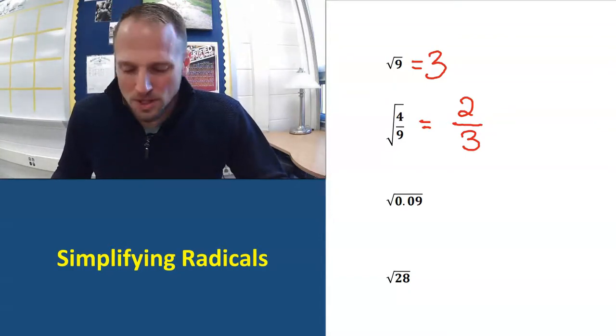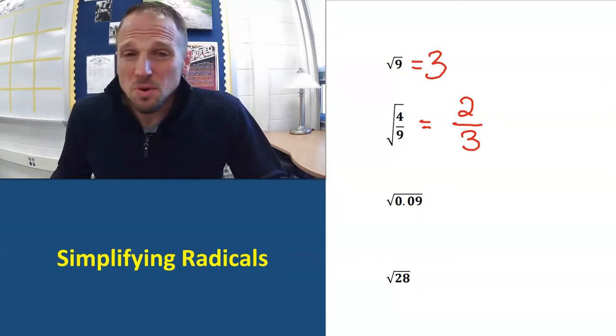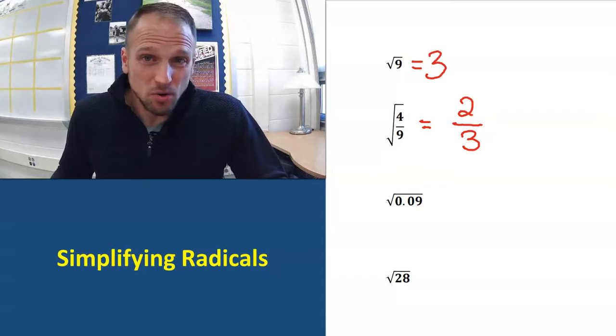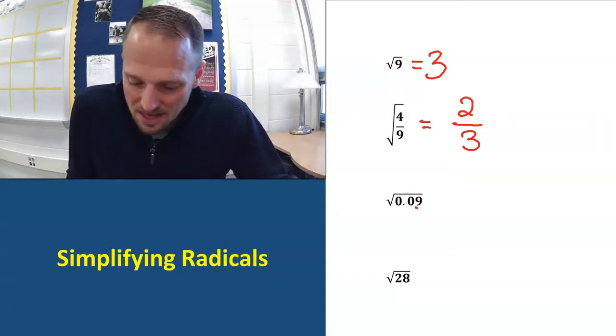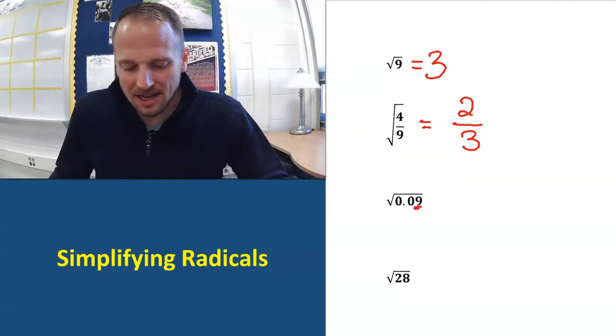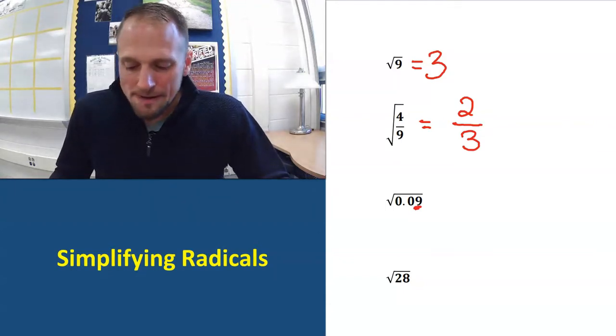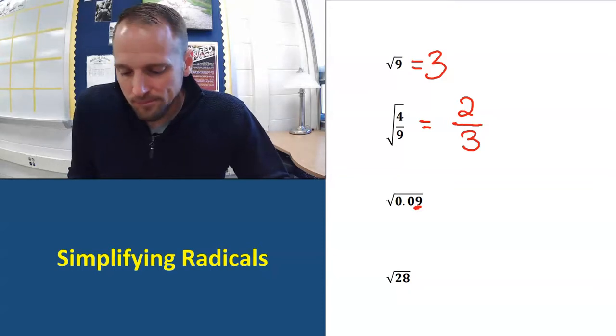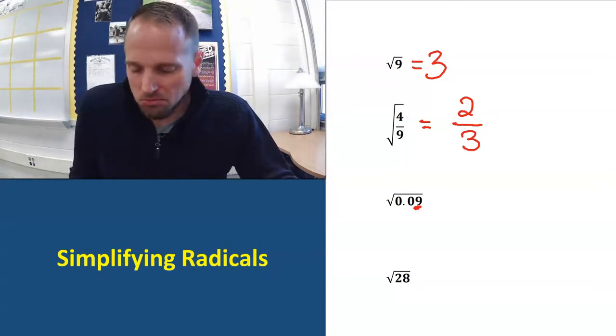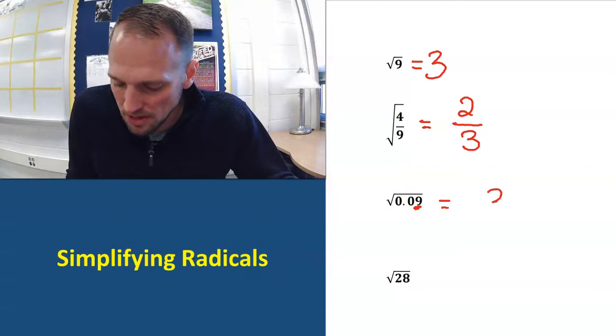The square root of 0.09. Okay, so the square root of a decimal is going to be a little bit harder, okay? I see the 9 is still in there, okay? So, what's the square root of 9? 3, right? Square root of 9 is 3.